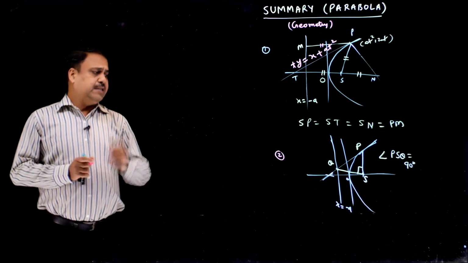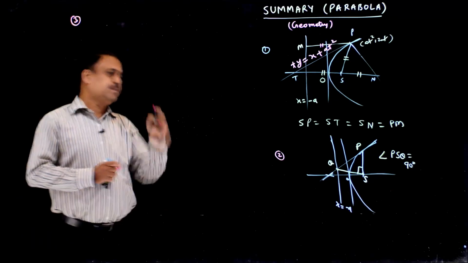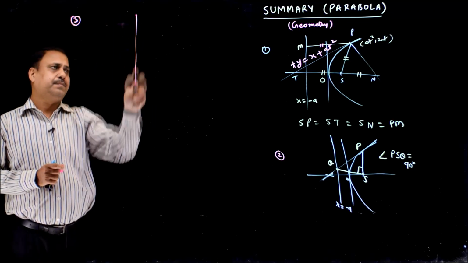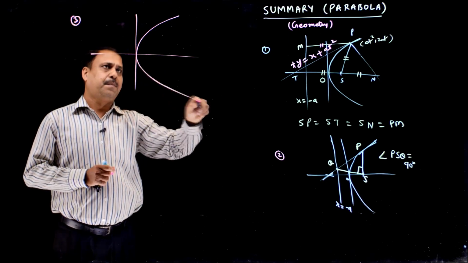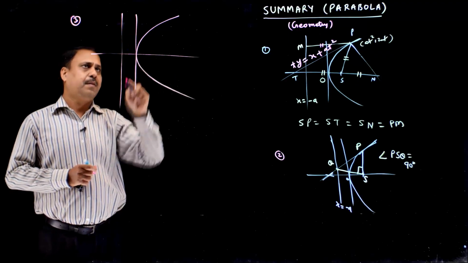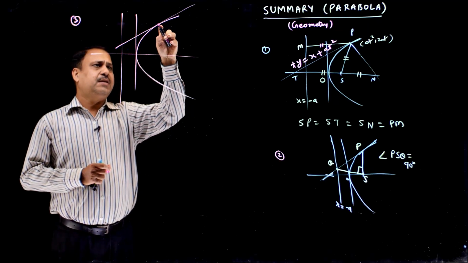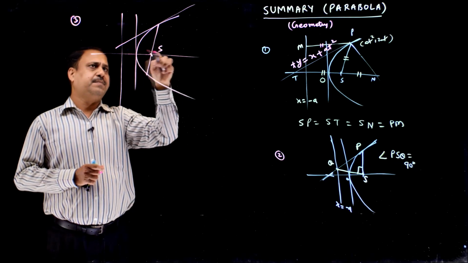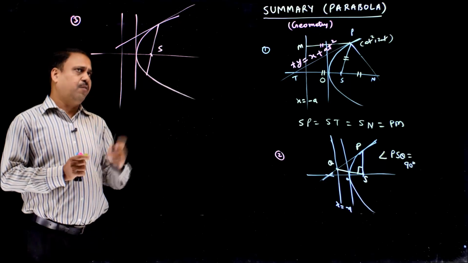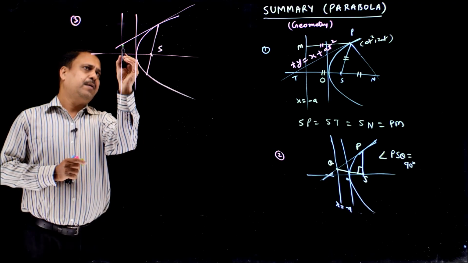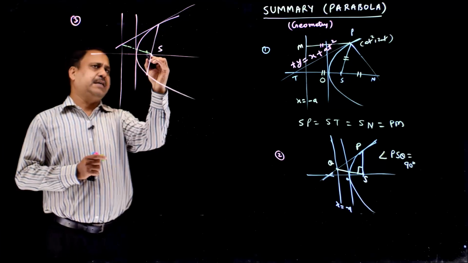Third important property is: this is any tangent, this is a focal chord, S. As per this property, if I drop a perpendicular, it will meet here. This angle is 90 degrees.